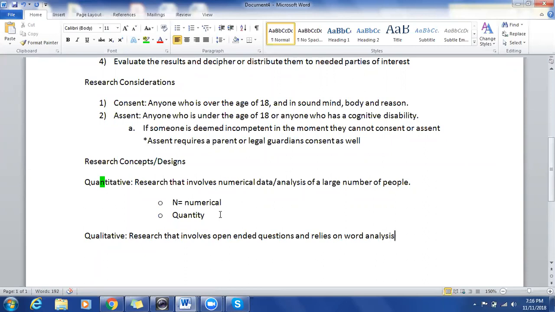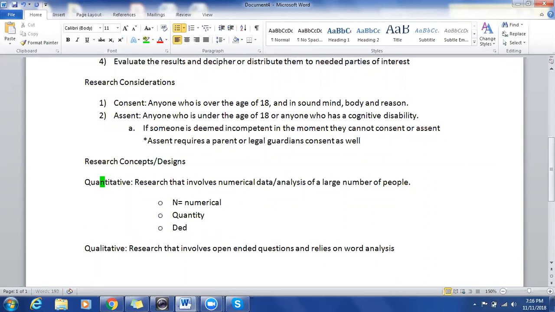And another thing to keep in mind within quantitative is we're looking at deductive type research. And what does that mean?